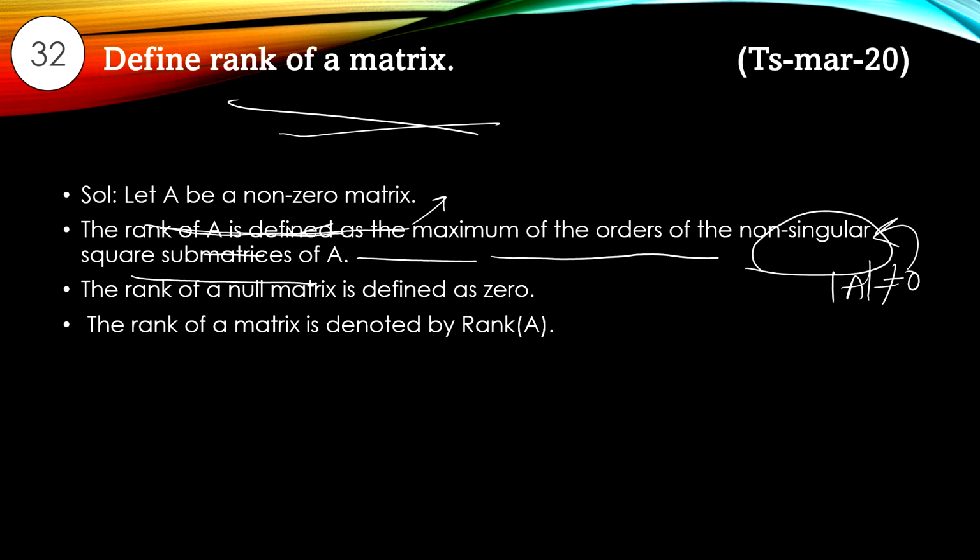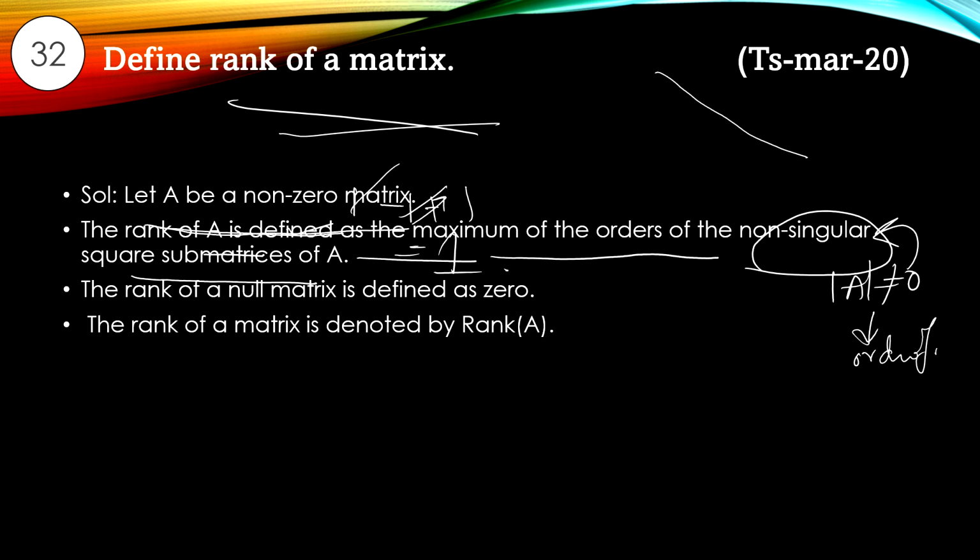We have already solved some problems on finding the rank, and there also we did the same thing, right? If the determinant of A is not equal to 0, then simply we can take the maximum of that order of that matrix. So the same thing we are defining here. The rank of A is defined as the maximum of the order of the non-singular matrix. If the determinant is not equal to 0 for a 2 by 2 matrix, then the rank is given as 2. If the determinant of A is not 0 for a 3 by 3 matrix, then we can take the rank as 3.